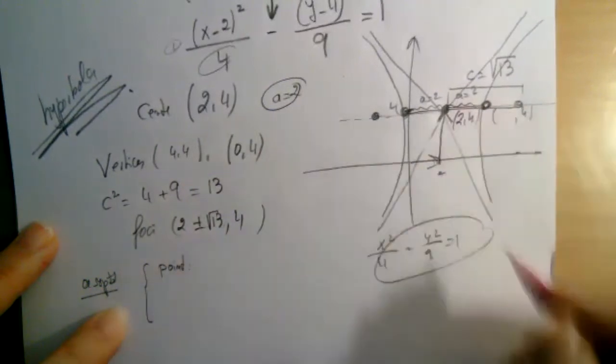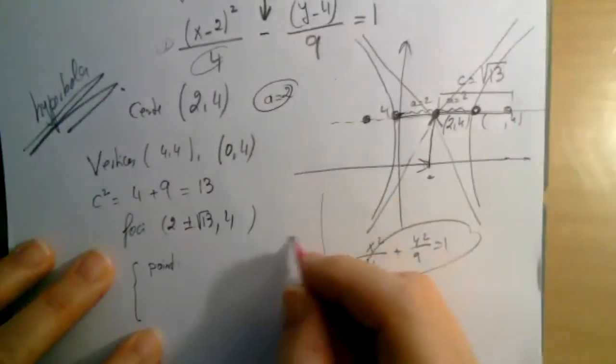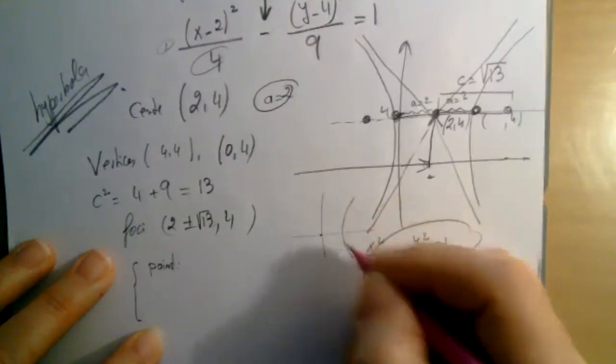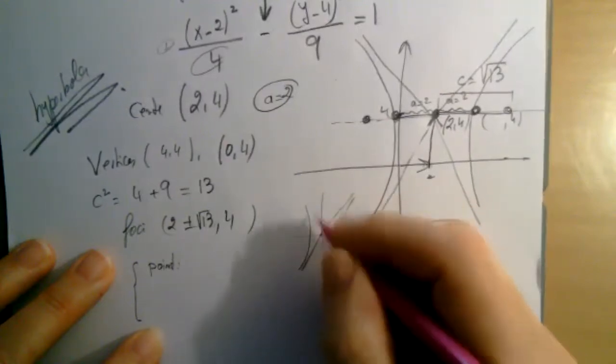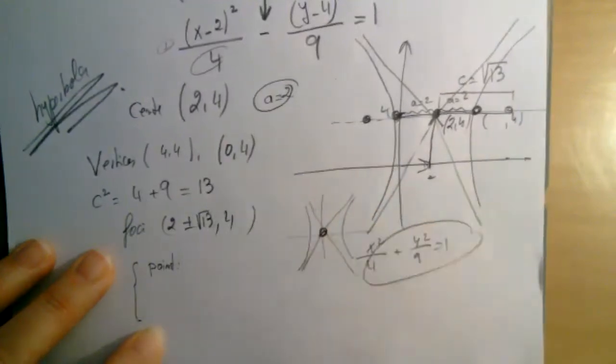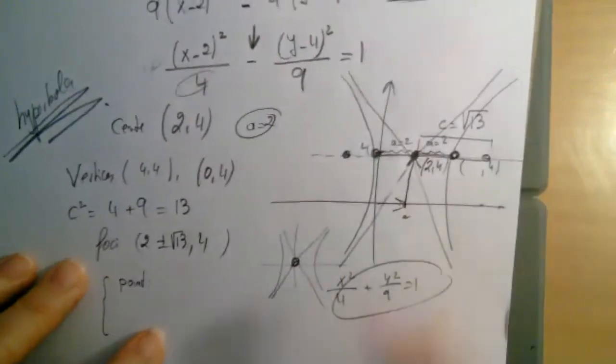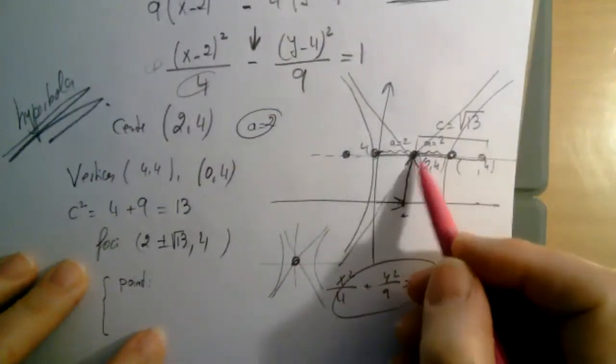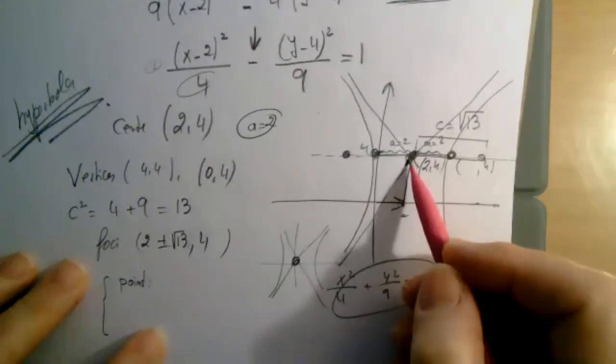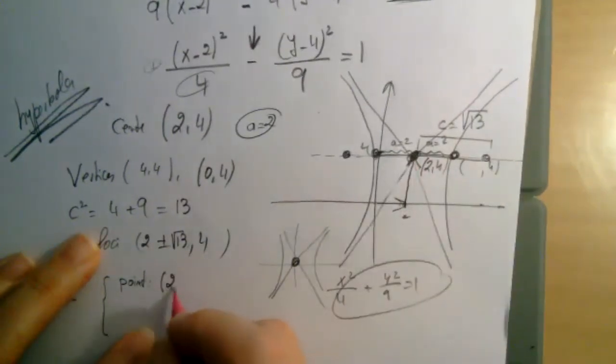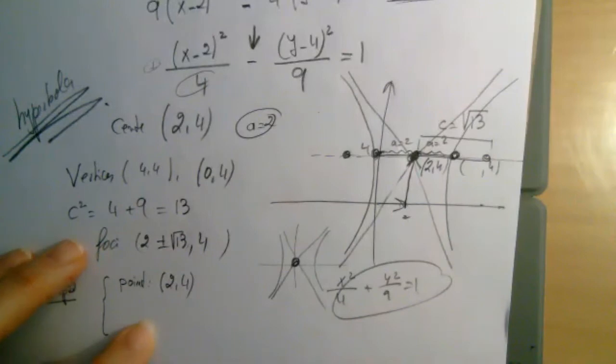For the standard one, the one centered at the origin, the asymptotes go through the origin. But when everything is shifted, then the asymptotes will have to go through the point 2, 4, the new center. So that's a point on the asymptote.